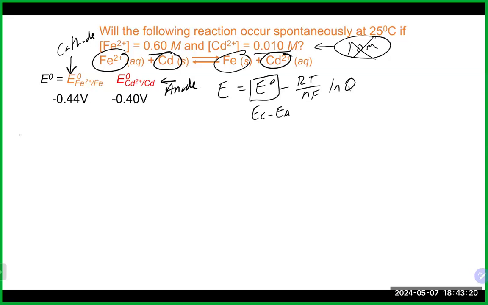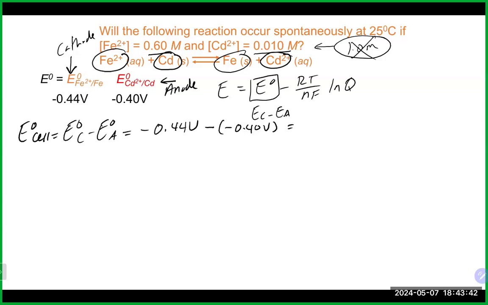So we're going to take our E naught of our cell under standard conditions, cathode minus anode. Once again, I'm not going to switch the sign. So I'm going to take my cathode, which is minus 0.44 volts, minus a minus 0.40 volts. And that's going to give me a whopping voltage here of negative 0.04 volts.